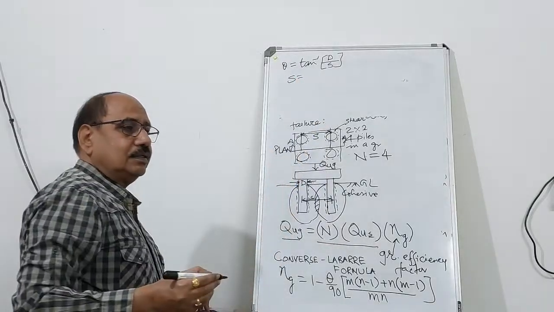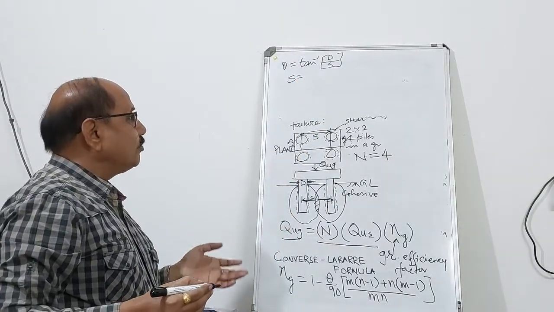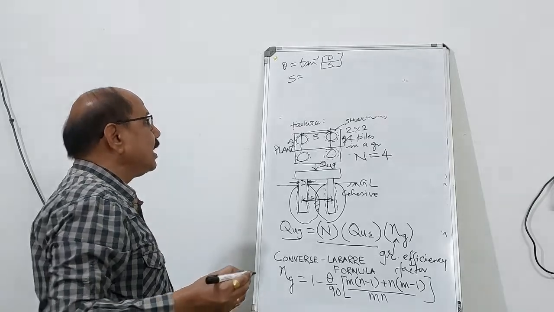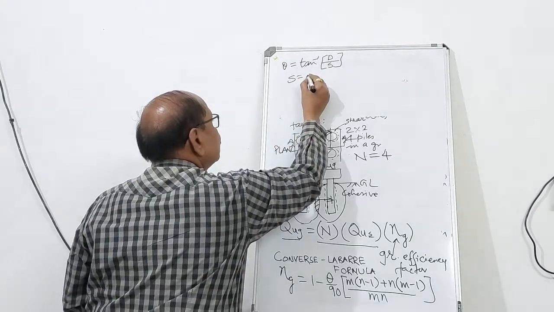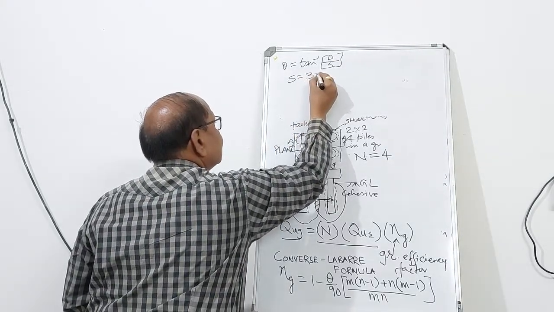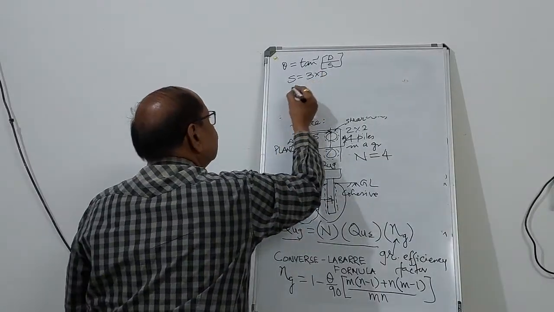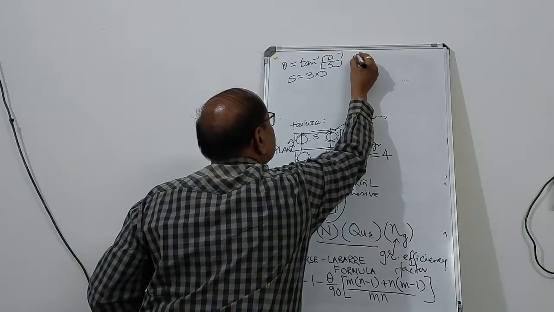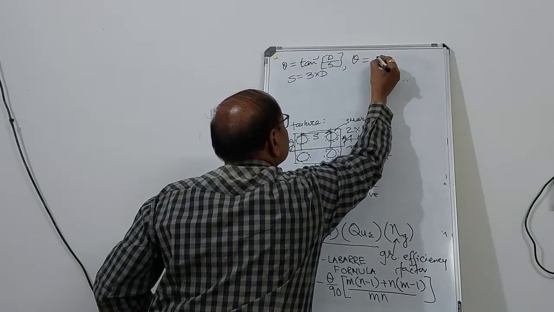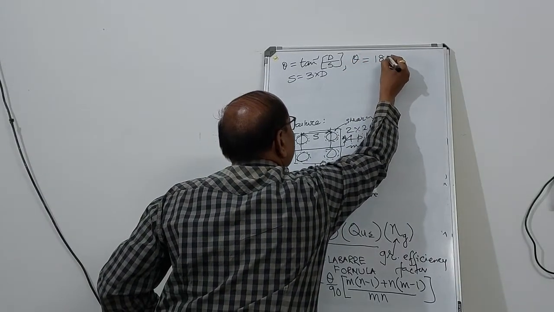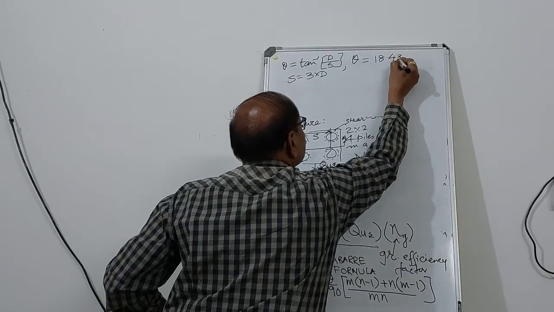Now as per codal provision, you will find that center to center distance between the piles is normally kept between 2.5 times D to 3 times D. So if you keep it 3 times the pile's diameter, then the value of theta is going to be 18.43 degrees.